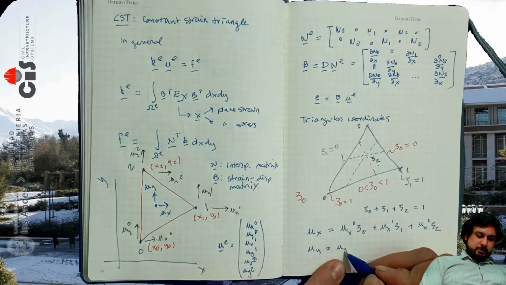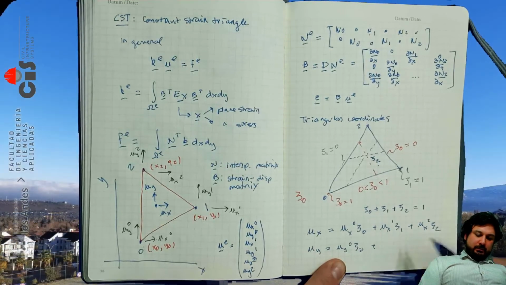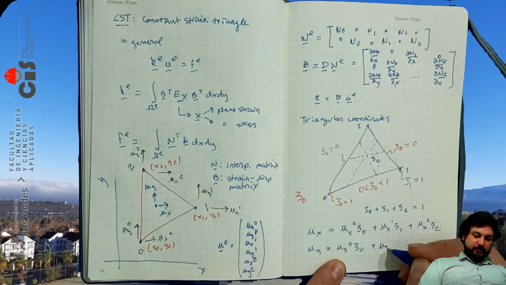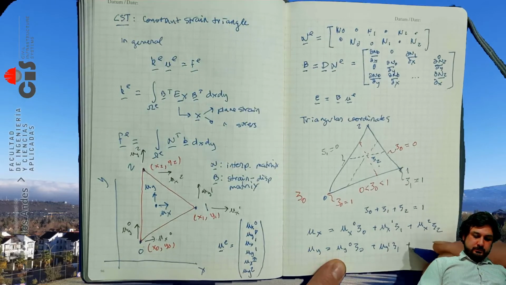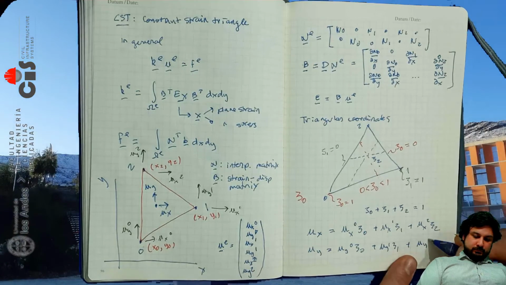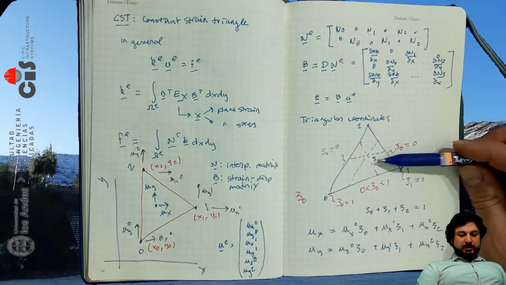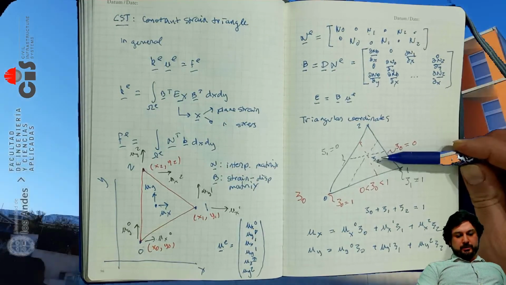Again, remembering that the third coordinate is always dependent on the first two. So that's how we interpolate, and this meets exactly that criterion. Points in between are going to be linearly interpolated.